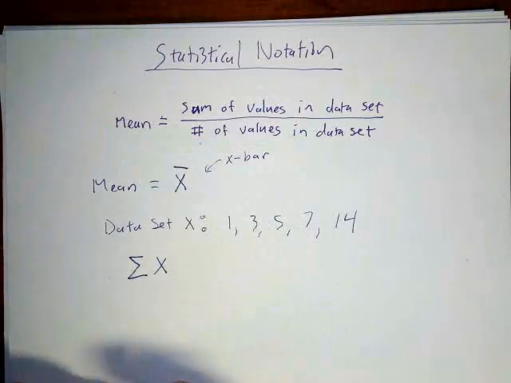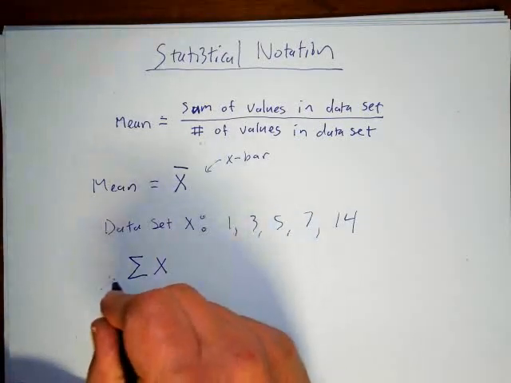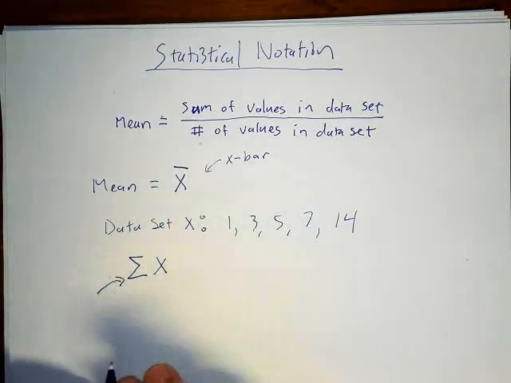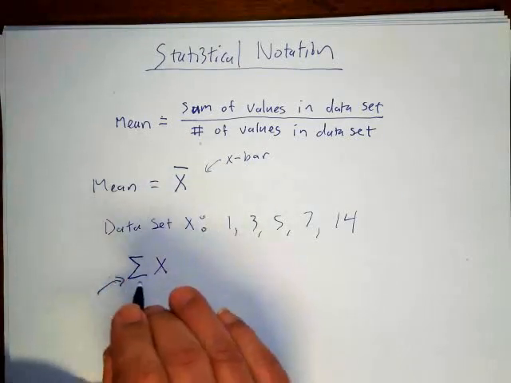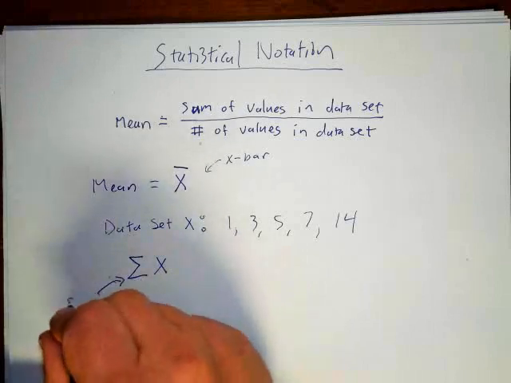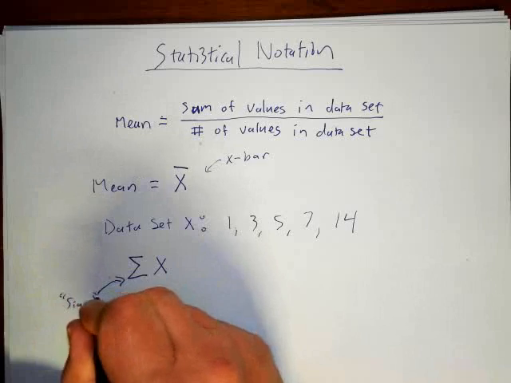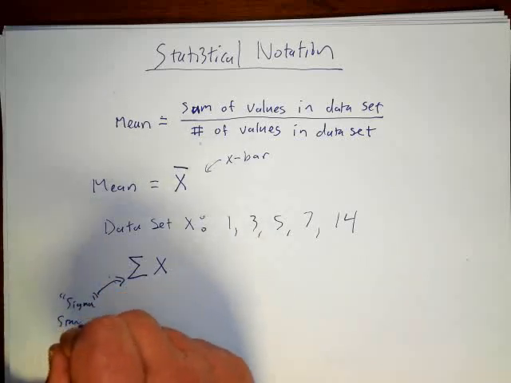Okay, and so this is statistical notation. It's a capital S in the Greek alphabet, called sigma, and it stands for sum.